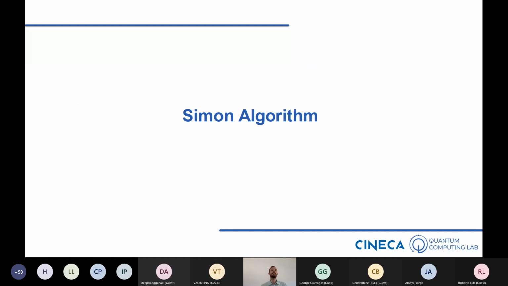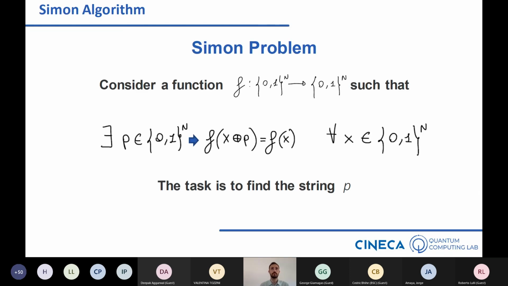Let me go on with another algorithm, the Simon algorithm. So what is the Simon problem? Basically, you're given a function again, but this time the function goes from {0,1}^n to {0,1}^n, so also the output is a string.